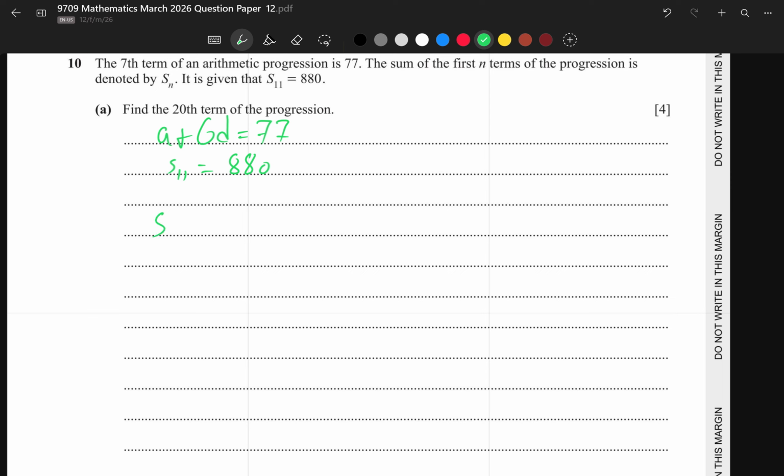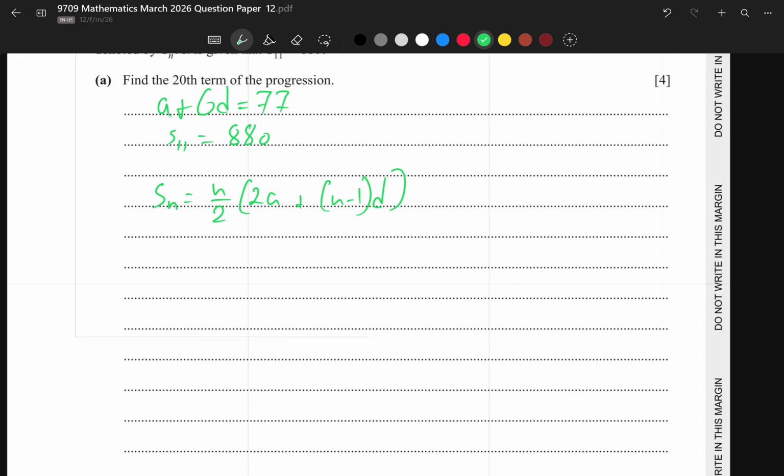So the formula for the sum is Sn is equal to n by 2 into 2a plus n minus 1 into d. So as we know, the sum of 11 terms S11 is equal to 11 by 2 into, now we have to find the a.